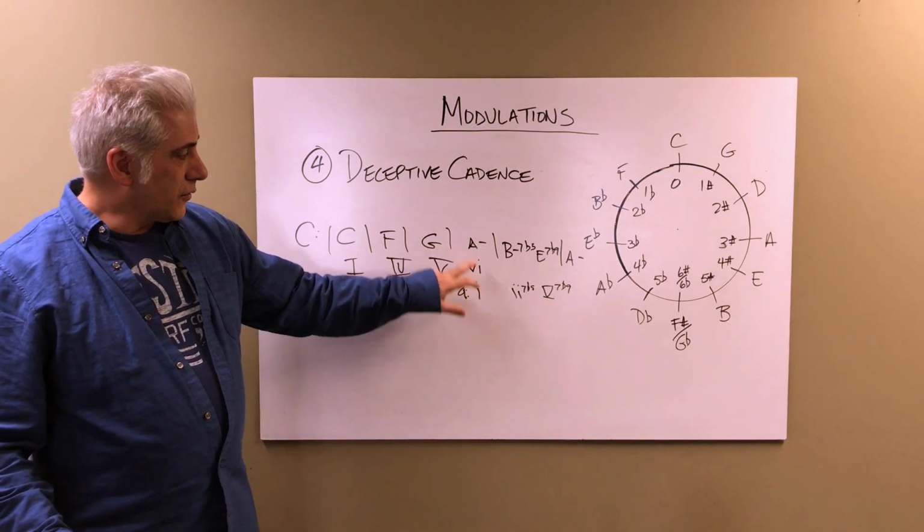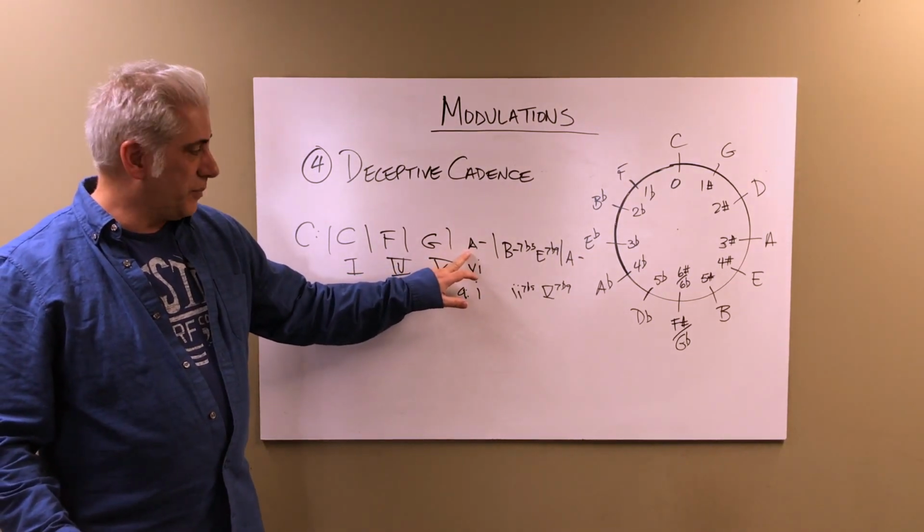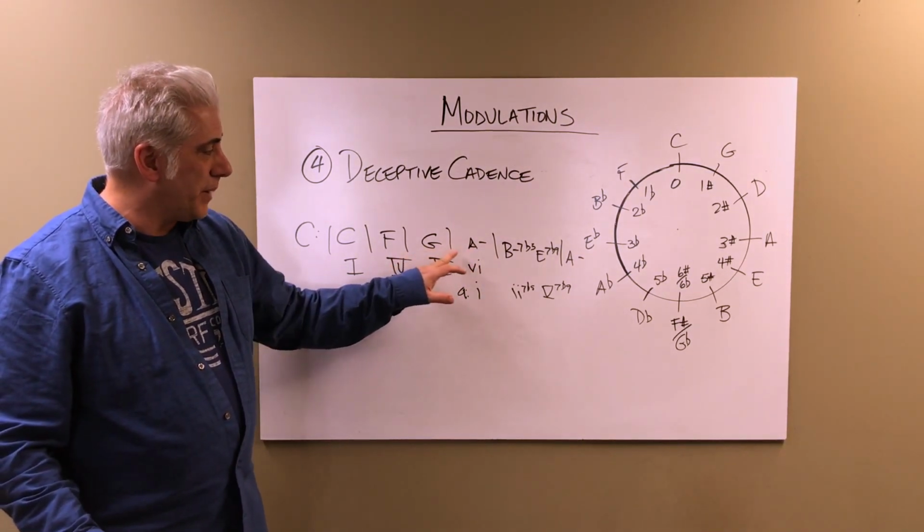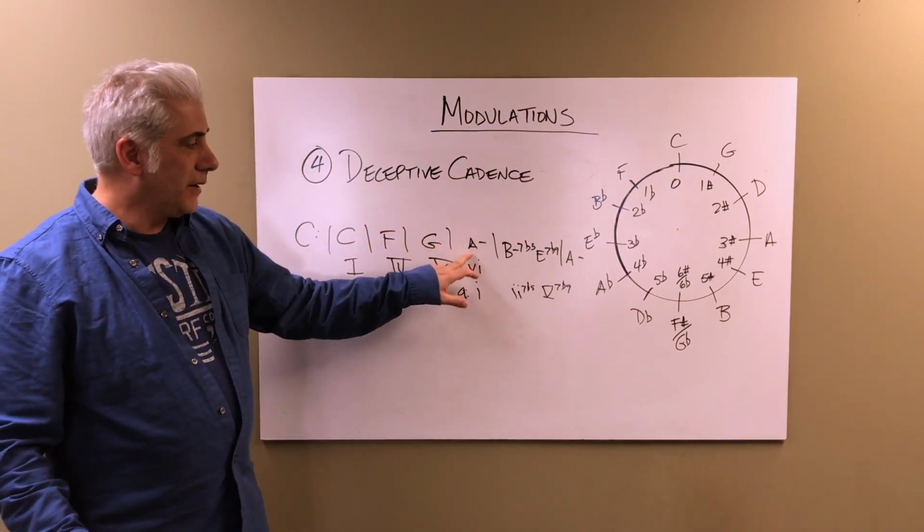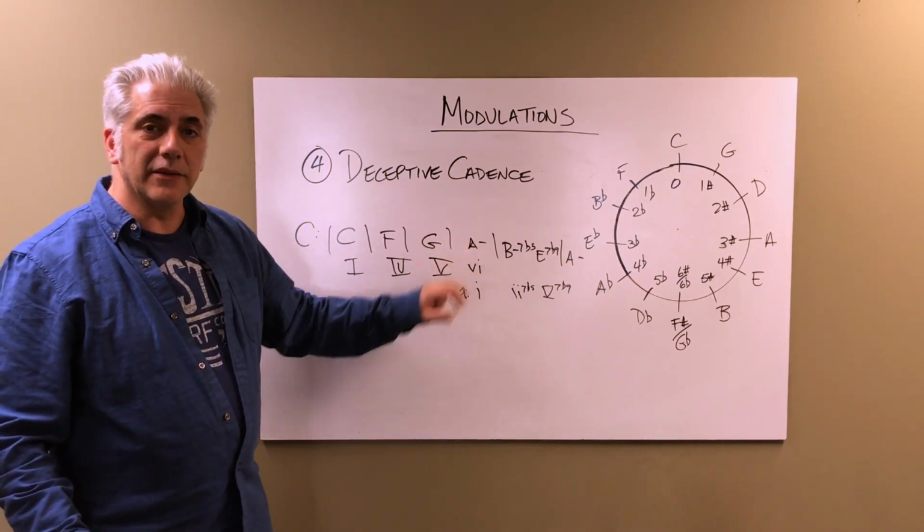So this chord actually has 2 functions at once, but it's typically when your 5 chord doesn't go back to the tonic, it goes to the 6th chord, to the submediant. Okay, deceptive cadence. 1, 4, 5, 6, there's your deceptive cadence.